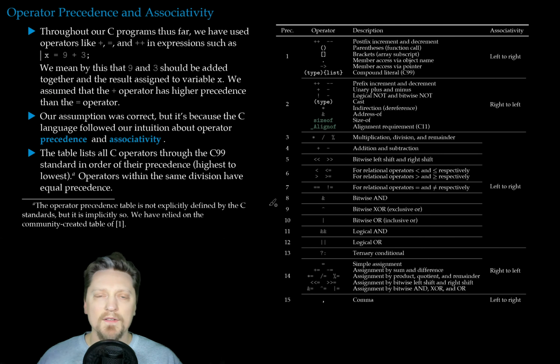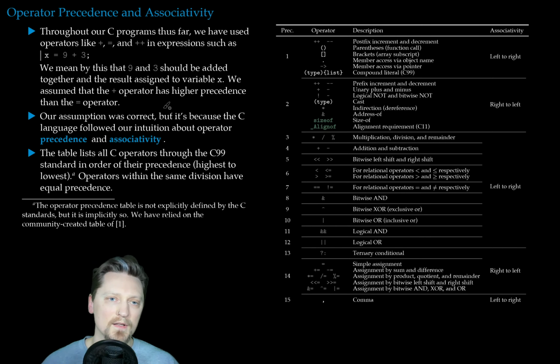Operator precedence and associativity. Throughout our C programs thus far, we have used operators like plus, the assignment operator equals, and plus plus, the increment operator, in expressions such as x equals 9 plus 3. We mean by this that 9 and 3 should be added together and the result assigned to the variable x.